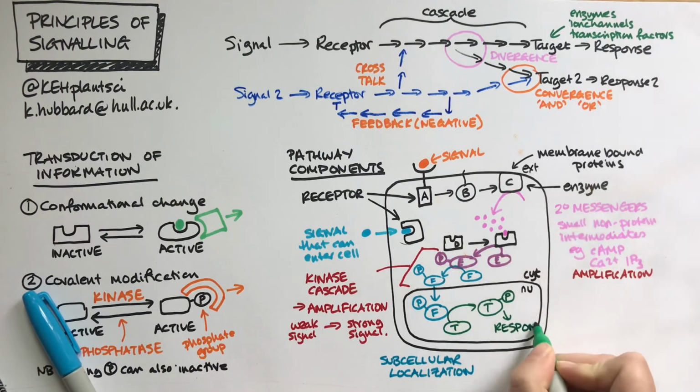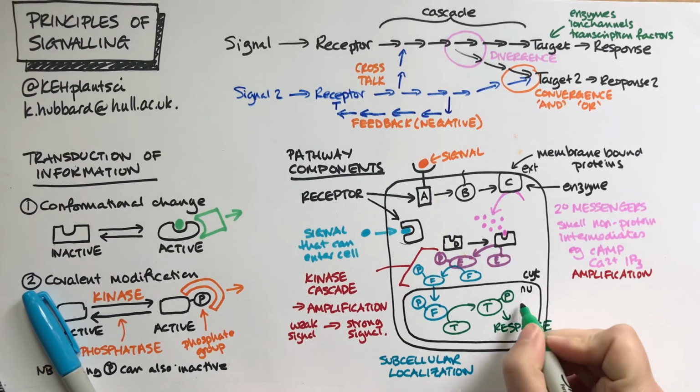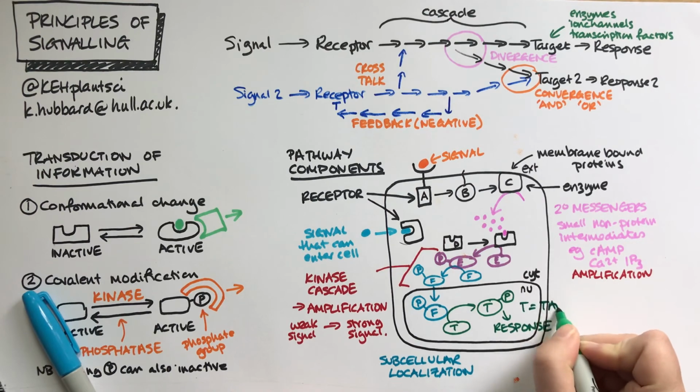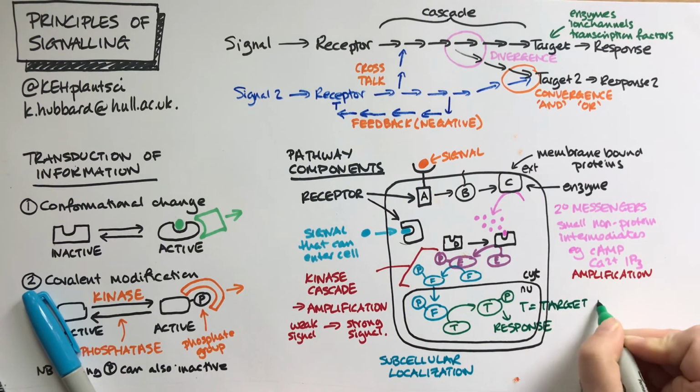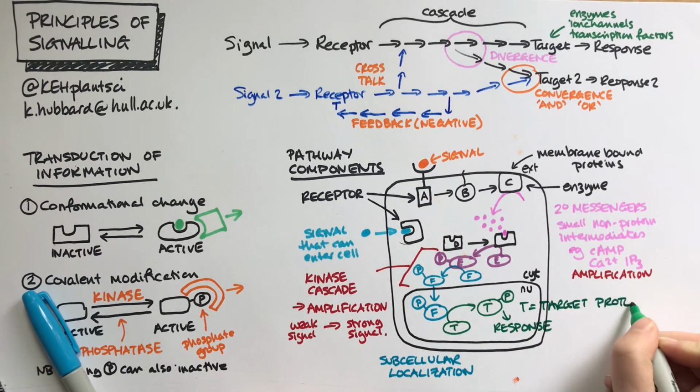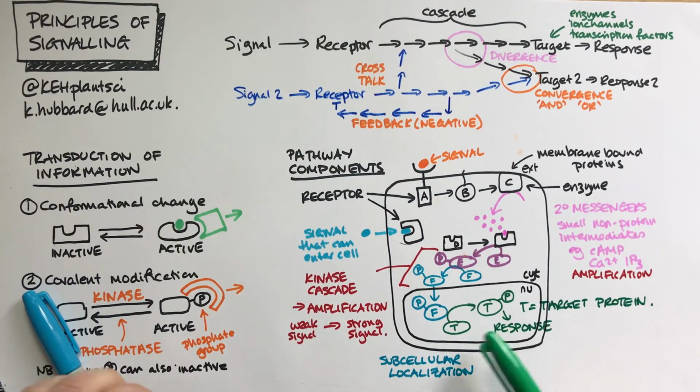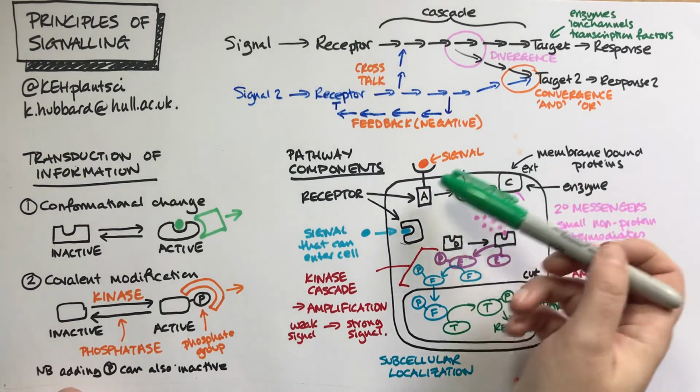So inside the nucleus, that's likely to be gene activation, but it could be something else. Okay, so T is the final target protein. So in this case, it's something in the nucleus, probably a transcription factor, but I'm trying to keep it quite general. So T is the target, that gives us the response. So we've had a series of different proteins.